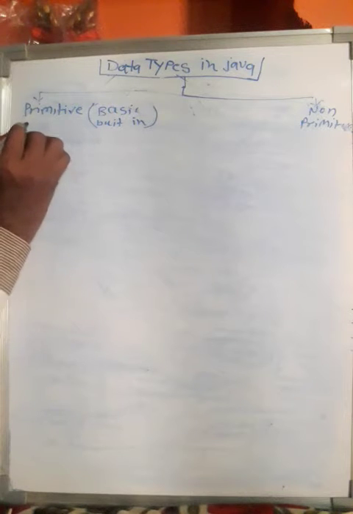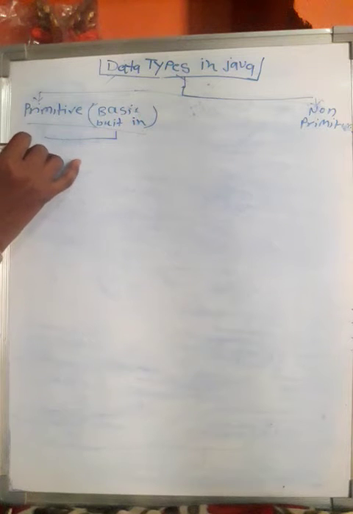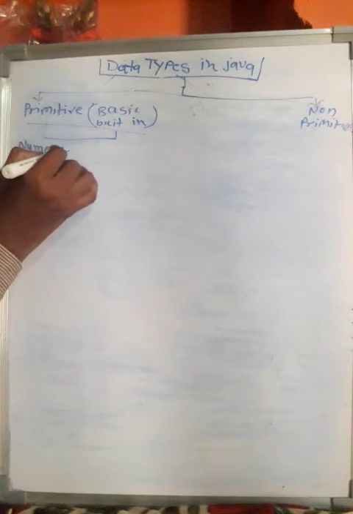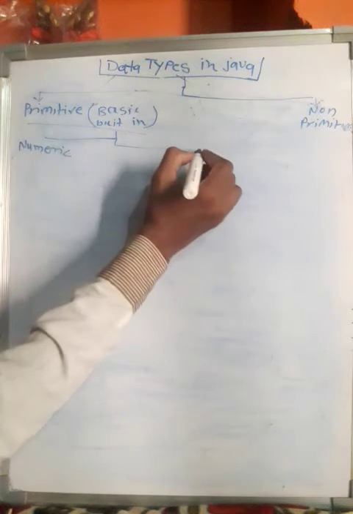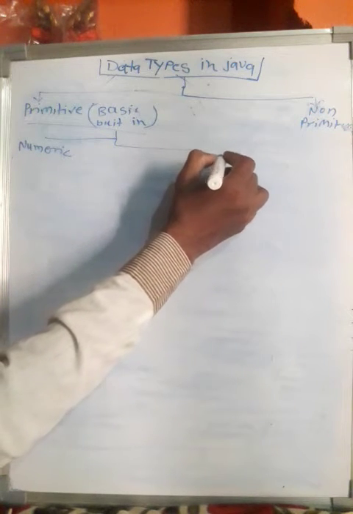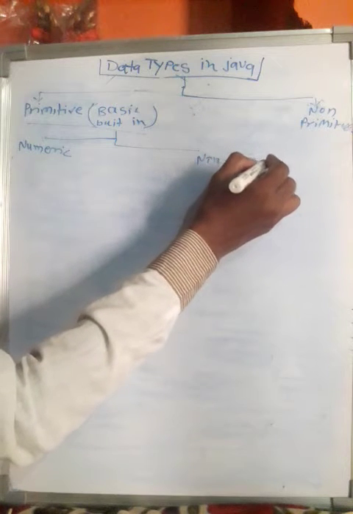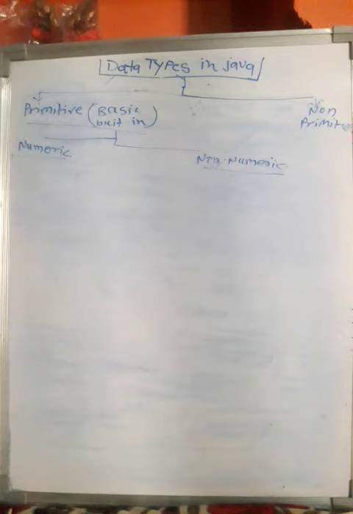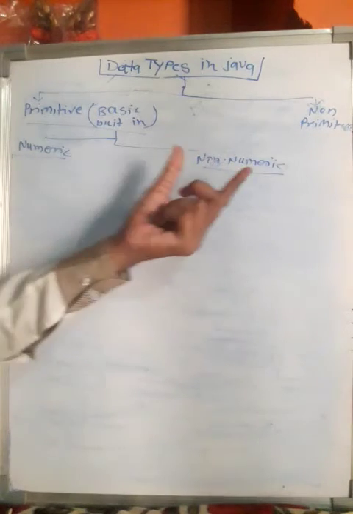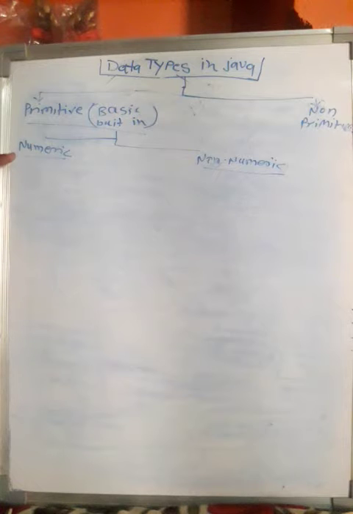Again, these primitive data types are divided into two parts: numeric and non-numeric. Numeric means whole numbers and non-whole numbers. We will see them one by one.